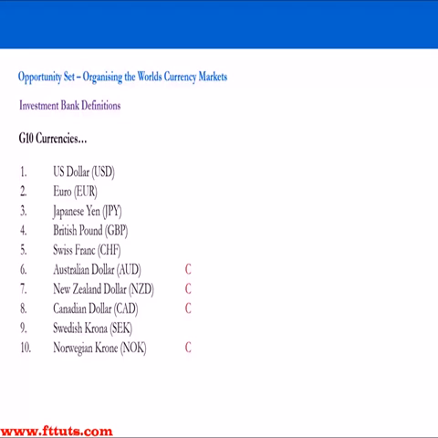And the bigger currencies, the US dollar, euro, Japanese yen, pound, Swiss franc, Swedish krona, these currencies that don't depend on the 1 or 2 commodities, those currencies are more diverse in their exports.